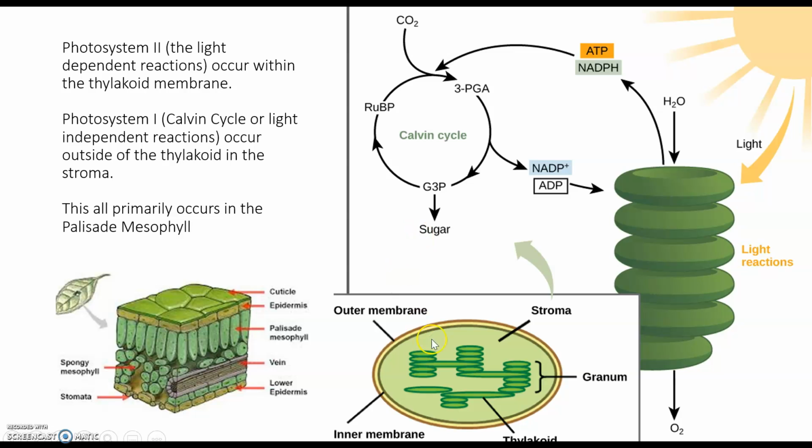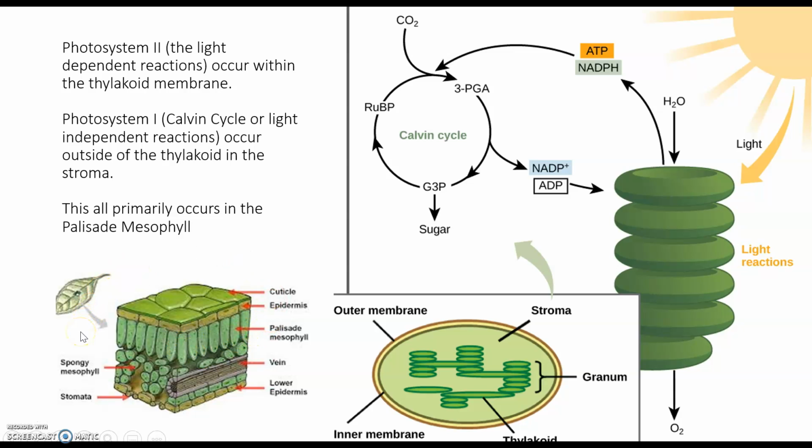This sugar is going to move out of our chloroplast and into our cytoplasm in order to form glucose and any other carbs that we need. And all of this is primarily occurring in this layer here of palisade mesophyll.